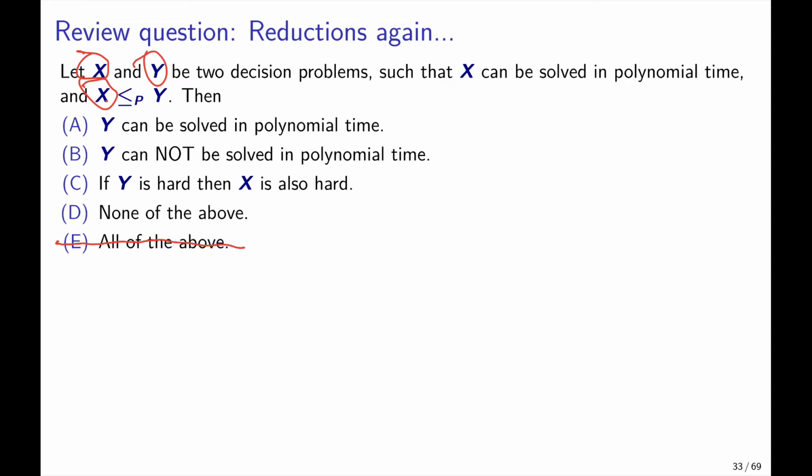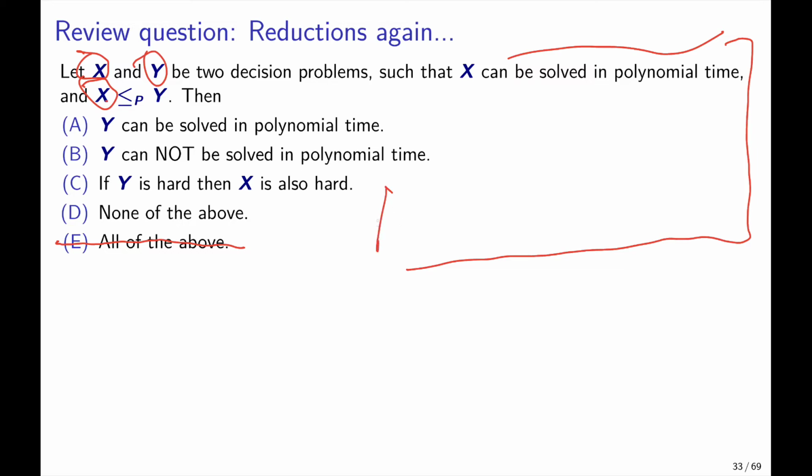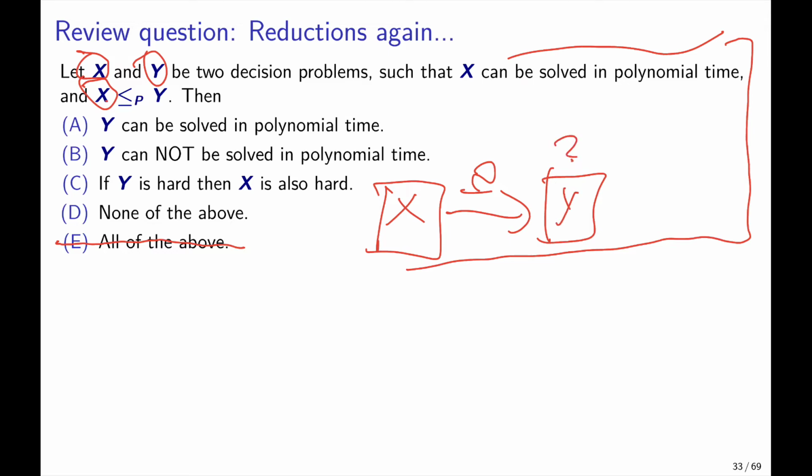You have to think about it a bit. So all we know is that X is easy, and there is a reduction in polynomial time to Y. But Y, we don't know what it is.